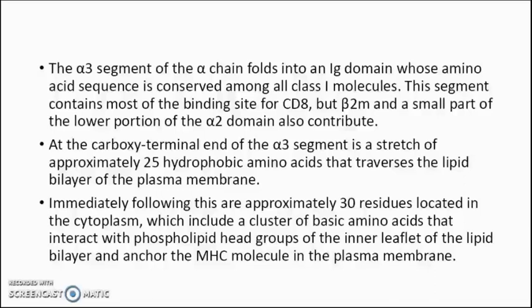Immediately following these are approximately 30 residues located in the cytoplasm, which include a cluster of basic amino acids that interact with phospholipid head groups of the inner leaflet of the lipid bilayer and anchor the MHC molecule in the plasma membrane.